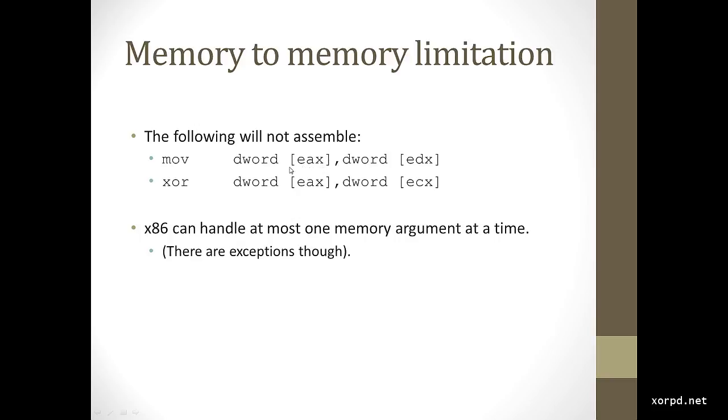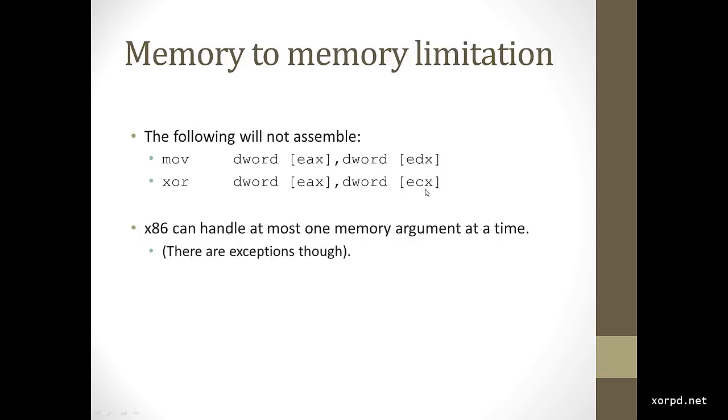Another example of an instruction that will not assemble for the same reason is this: XOR dword EAX, dword ECX. This instruction will not assemble for exactly the same reason. We are trying to access two memory locations at the same time.